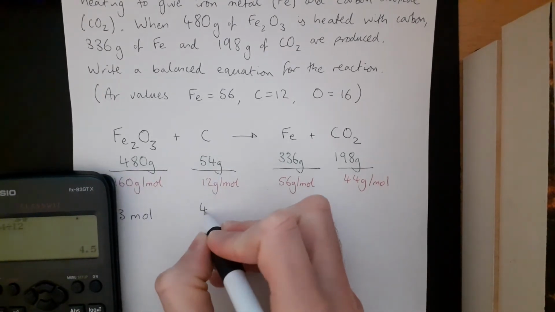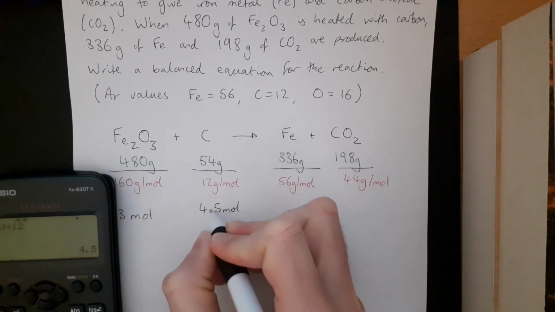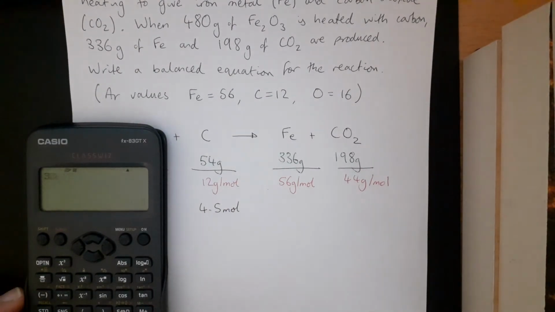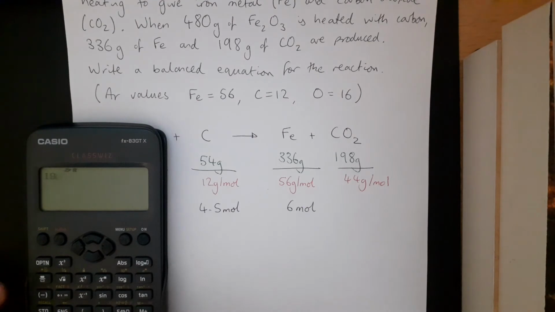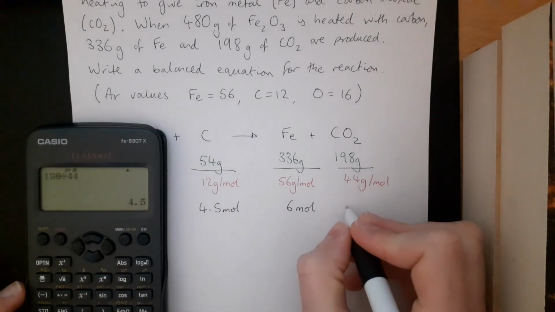So we got 4.5 moles here. 336 divided by 56 is 6. And 198 divided by 44 is 4.5 again.